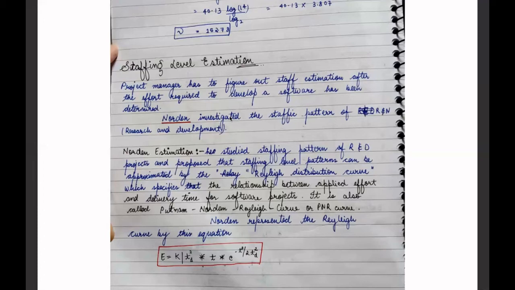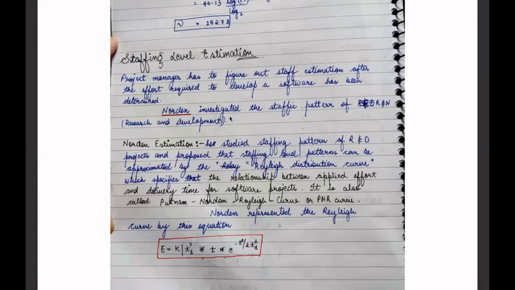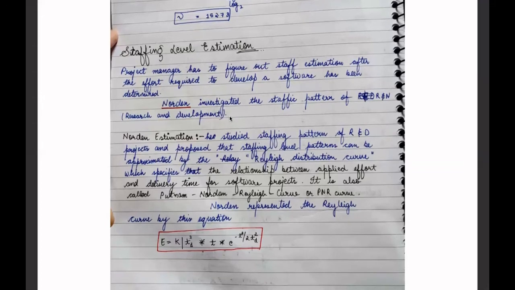Norden represented the Rayleigh curve by this equation: E equals K upon t_d squared, into t, into e to the power minus t squared upon 2 t_d squared, where E is the effort required at time t.